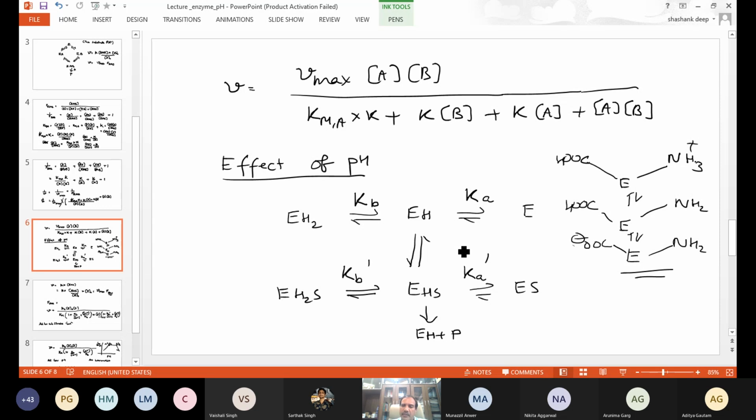So this is kind of neutral pH, this is basic pH, and this is acidic pH. The zwitterionic form we can write as EH, and when this H is lost, you have the basic form, E. And in acidic, you have EH2. This is the way I'm representing it, and the equilibrium constants between these are Ka and Kb.